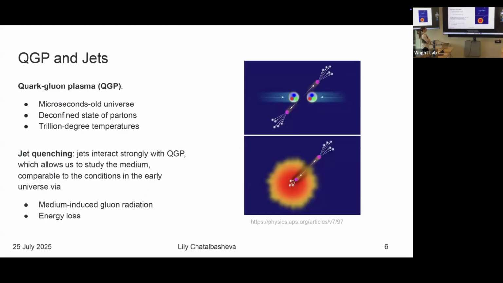Intuitively, you might expect in a collision in pure vacuum to just see two equal jets in 2 opposite directions, momentum, energy conservation, all of that.